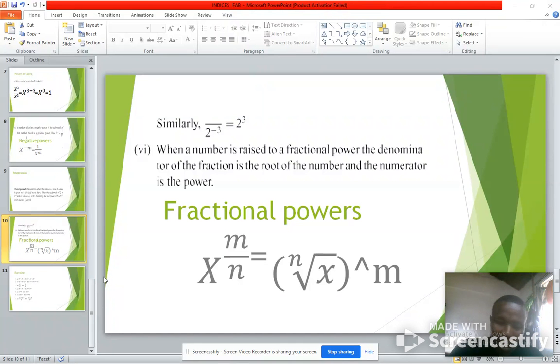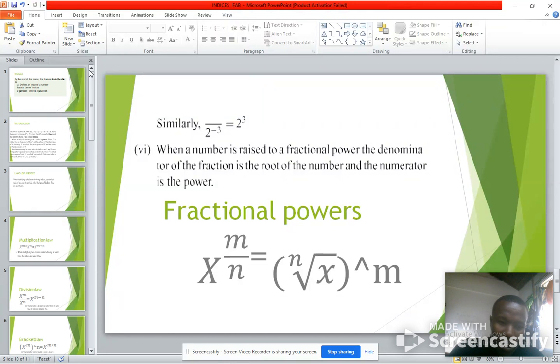I think from your end, you can note 4 raised to 2 multiplied by 4 raised to 1. Who can state which law we are going to use there?